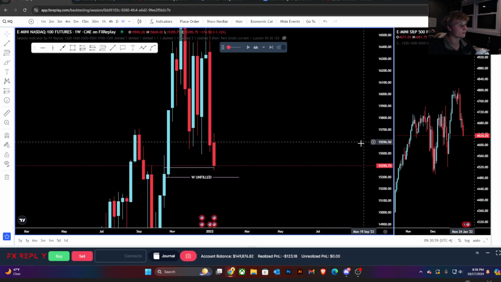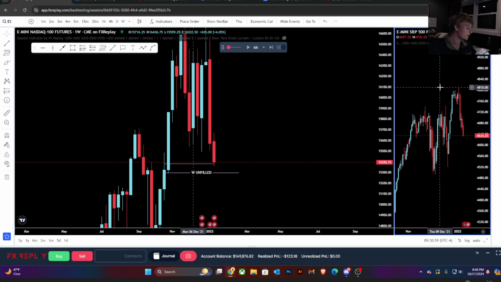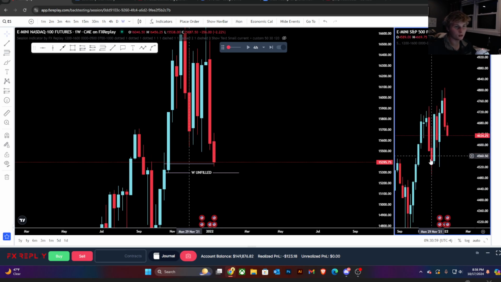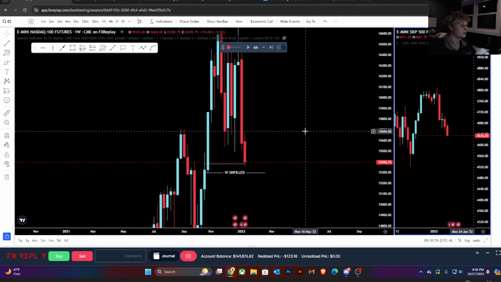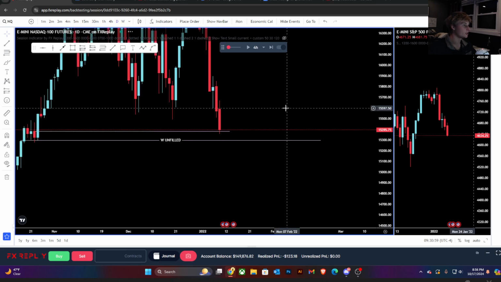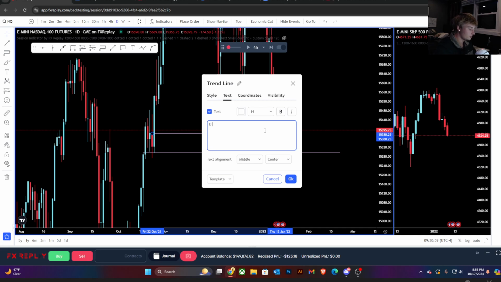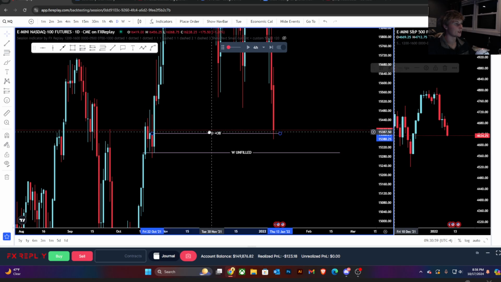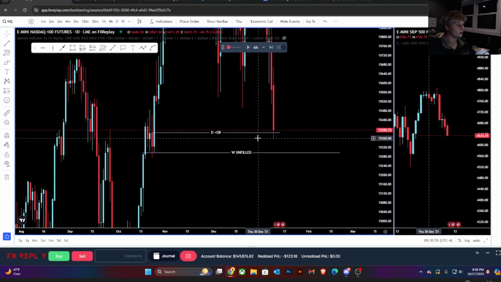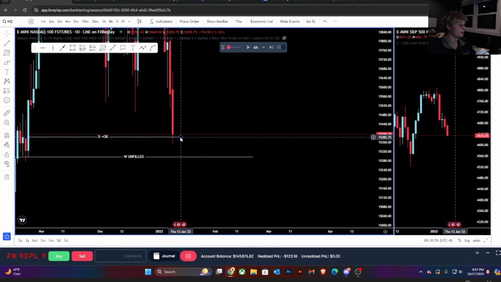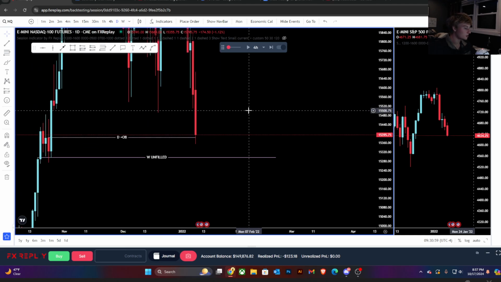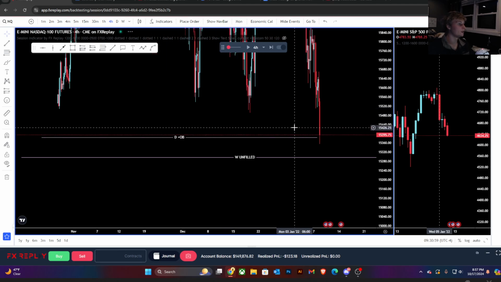But yeah, I do think the draw right now is that unfilled weekly. Looking at ES, it's a little bit uncorrelated. But higher time frame, we did just tap a daily OB here, bullish order block, which we did kind of react off of, like wicking out of there. But let's see on the 4-hour, what are we doing?